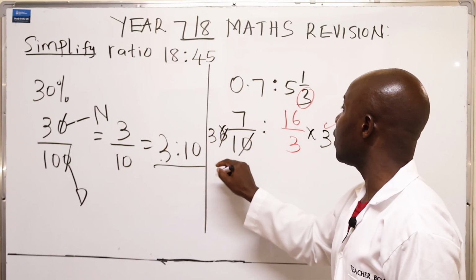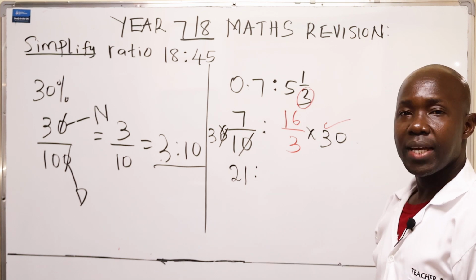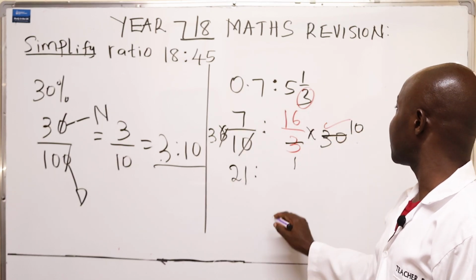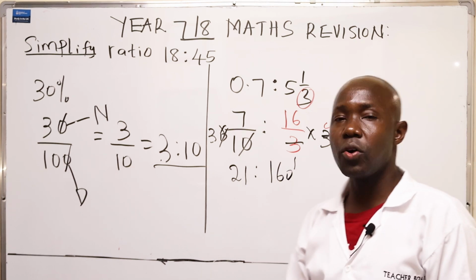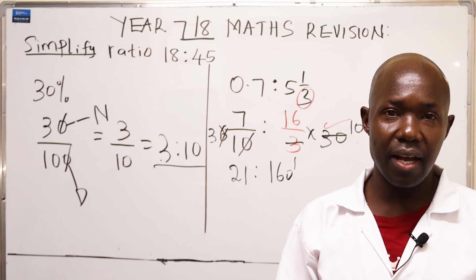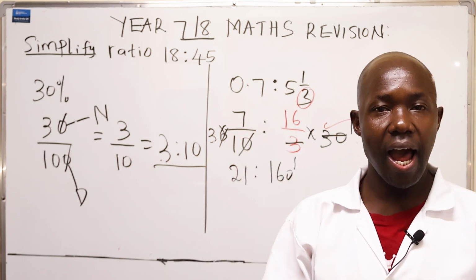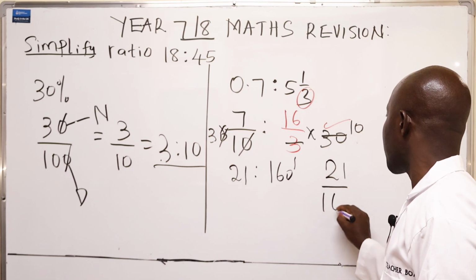So 0 will go, 3 times 7, we get 21 ratio. Then 3 goes here 1, 3 goes here 10. 10 times 16 is 160. At that step, we don't stop. We ask ourselves if we are to write our ratio as a fraction, which can be written to be 21 divided by 160.